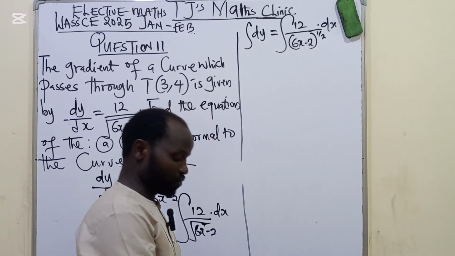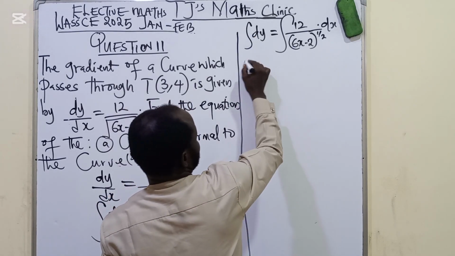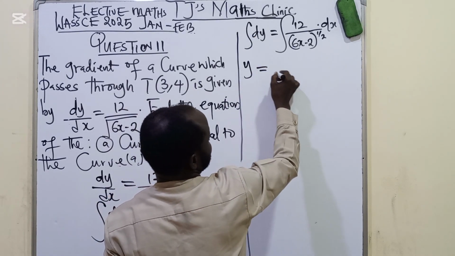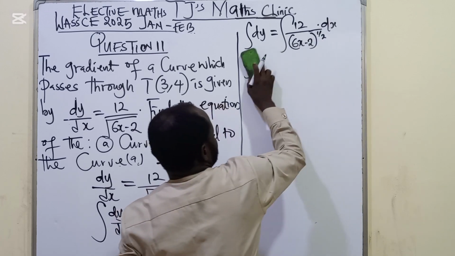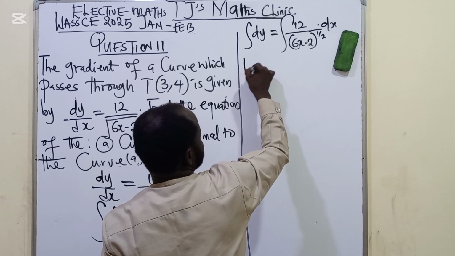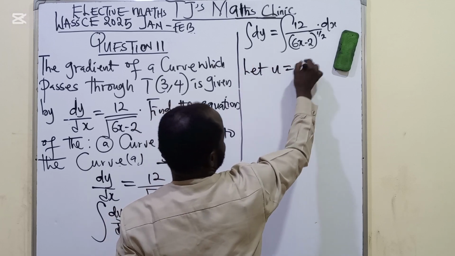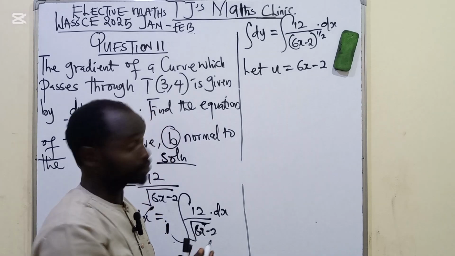That's when to use u substitution. But if the term in the denominator is just a single term and it is chained, to integrate, we use normal integration. Very important. So the integral of dy is y. On the right hand side, let u equal 6x minus 2. I'm using u substitution now.